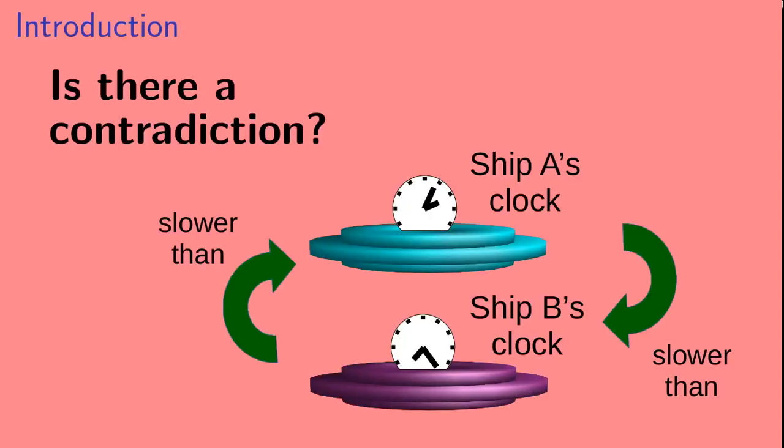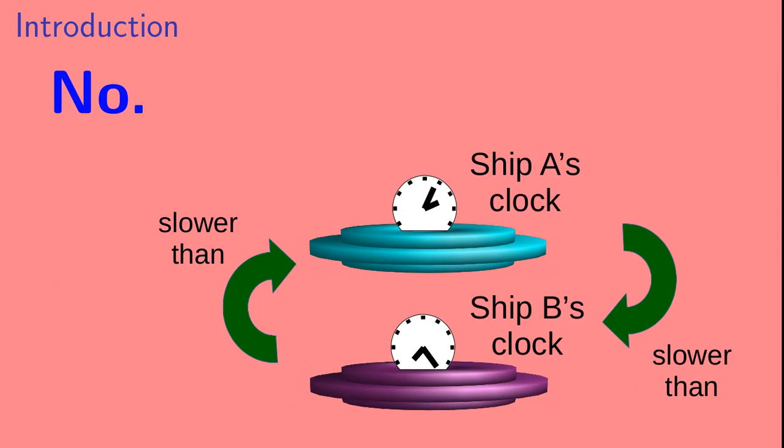Okay, so let's give a quick recap of what we've just seen. We said at the beginning that two ships, moving relative to each other, would each think that the other's clock was running slow, and we asked if this was a contradiction. The answer is no.